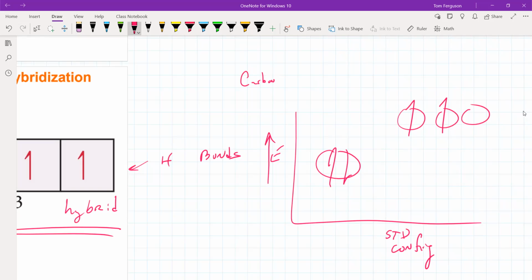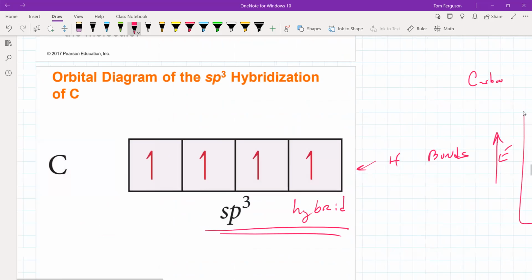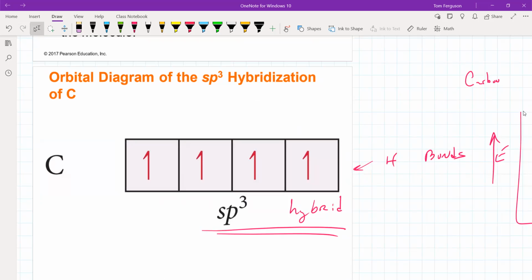So let's hybridize that. We already learned that sp3 hybridization looks like that. That's for a single carbon bond to something else, sp3.